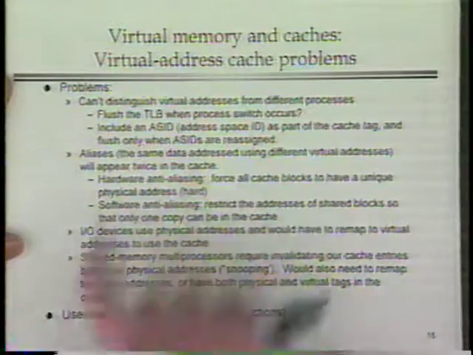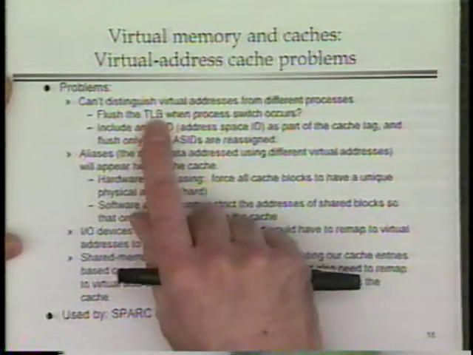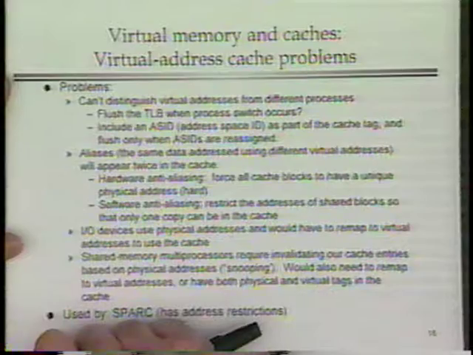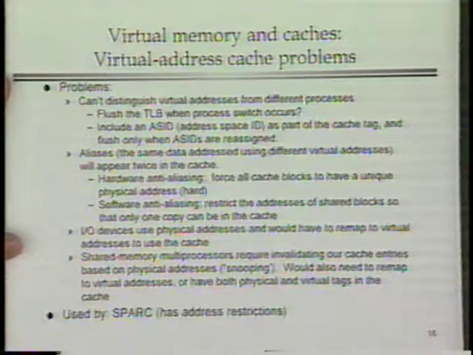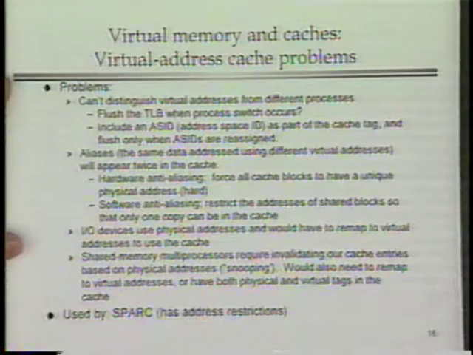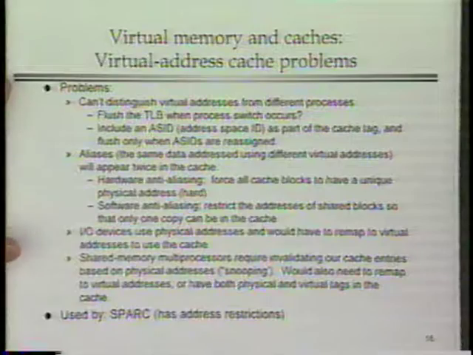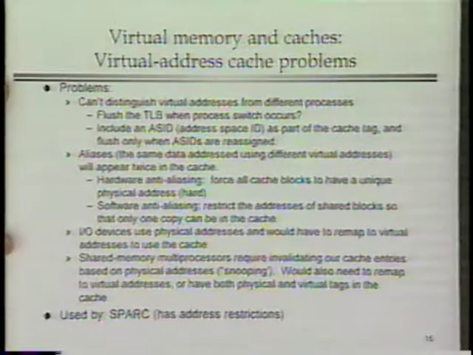One way to solve that problem is just to wipe out the translation at the time that a process switch occurs. And in fact, guarantee that you can't have two identical virtual addresses going to the same physical address.